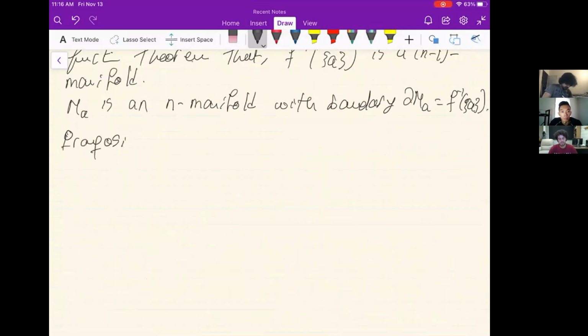So, to reduce to just considering the critical points, I have to show the following proposition.